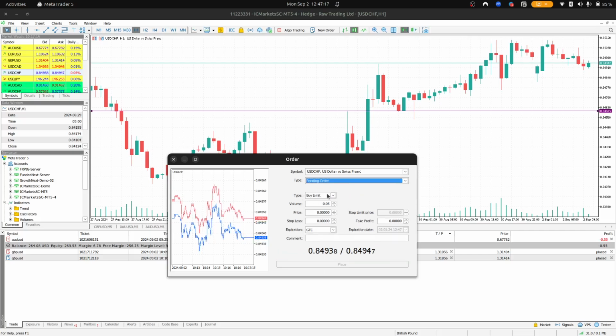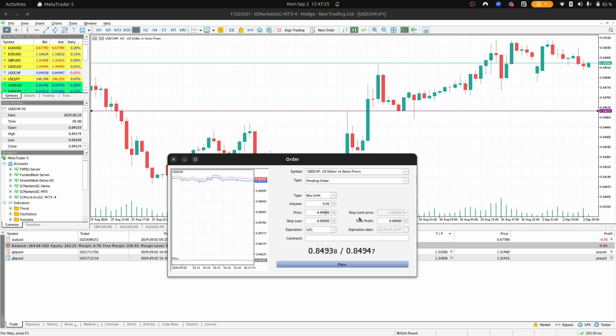So first of all, we are going to place a buy order. The price is at 0.84605. Now again, the distance that we calculated was about 50 points, right? So we are going to use a distance of about 100 points in here, and that would allow us to have some sort of leeway that would be beneficial for us in the long run.